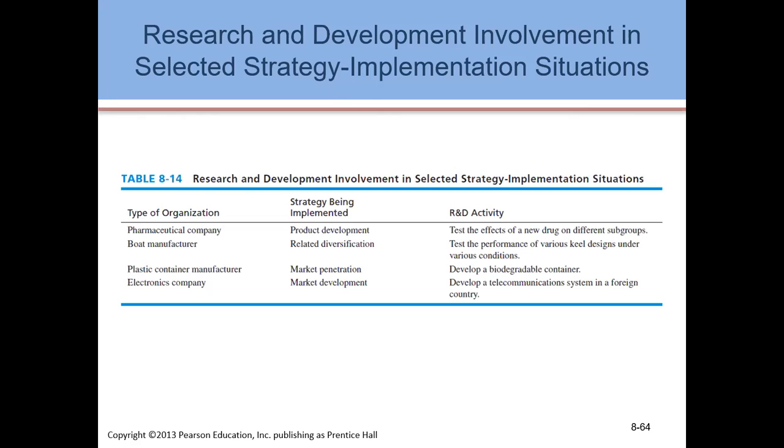The type of organization in the next example is an electronics company, and the strategy being implemented is market development. And the R&D activity associated with market development can be to develop a telecommunication system in a foreign country. So that is how R&D activities are in association with the strategy being implemented.